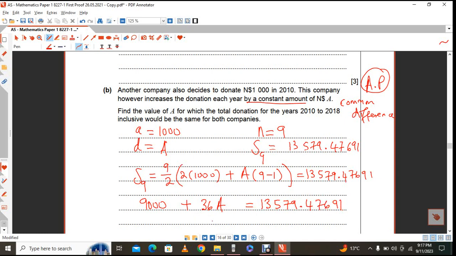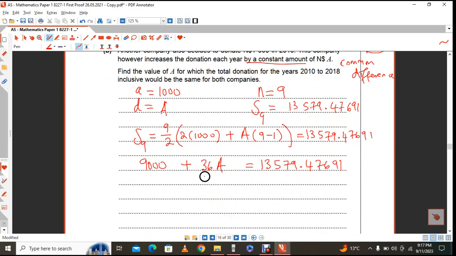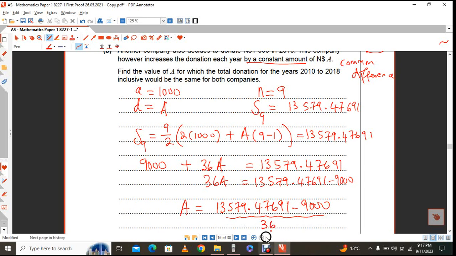Of course we need to find the value of a. So that means 36a is equal to 13,579 and some cents, from which we should subtract 9,000. Ultimately a would be 13,579.47691 minus 9,000, which you should divide by 36.